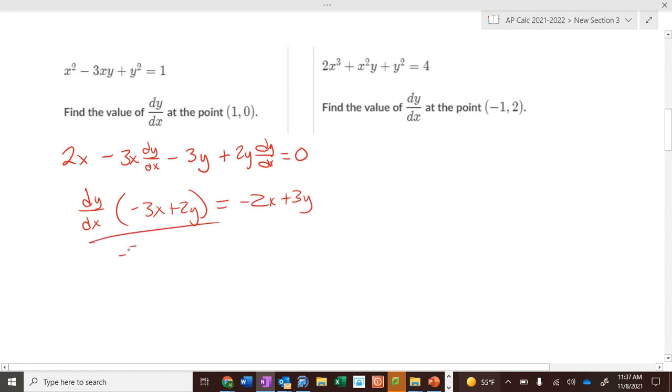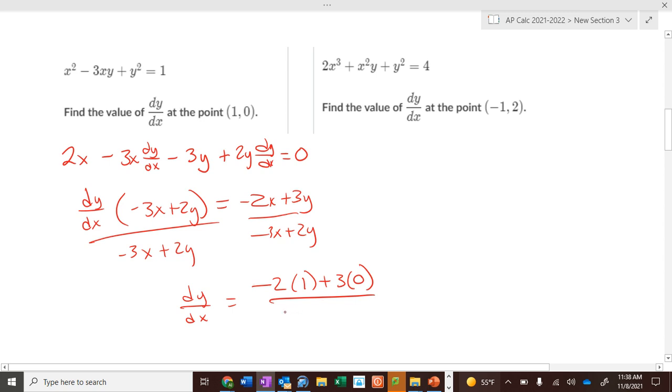So if we divide, and stick the numbers in, it's negative 2 times 1 plus 3 times 0 over negative 3 times 1 plus 2 times 0. So it's negative 2 over negative 3, which is positive 2/3. That's the slope at the point (1, 0).